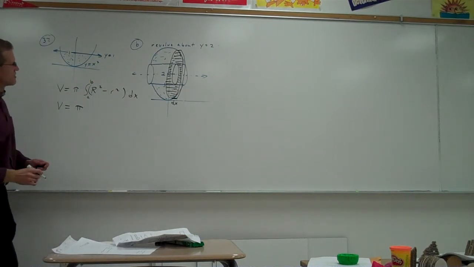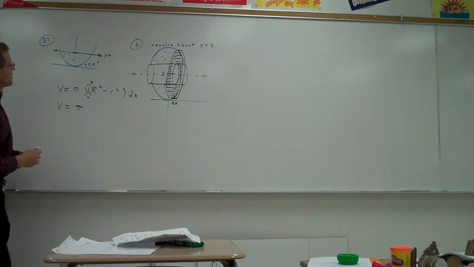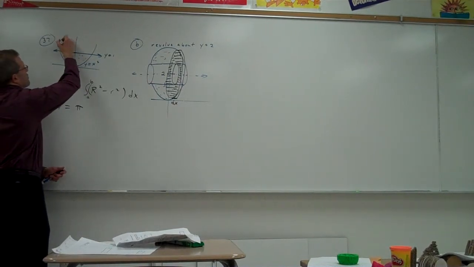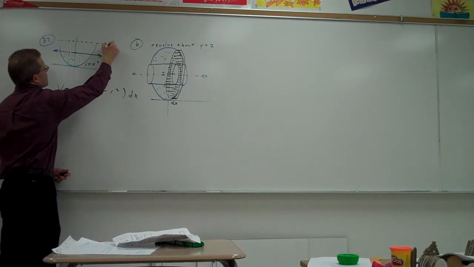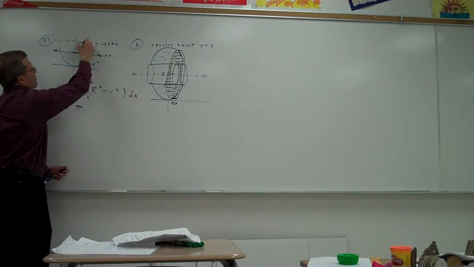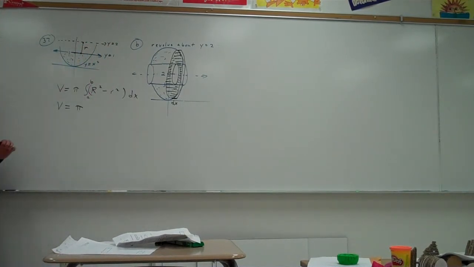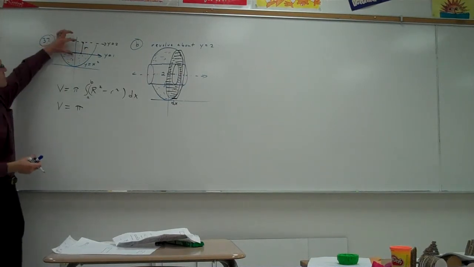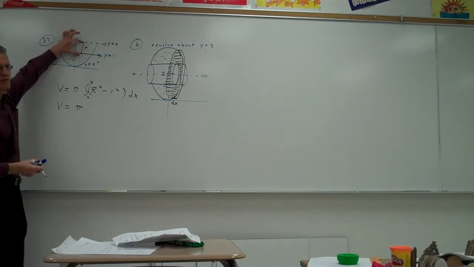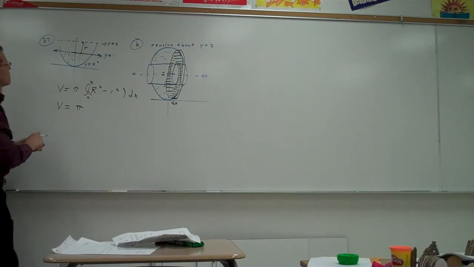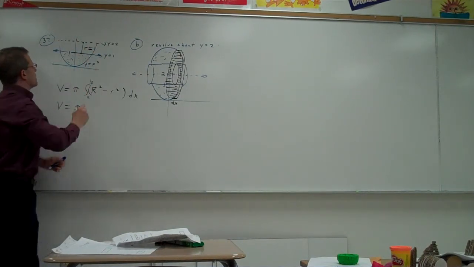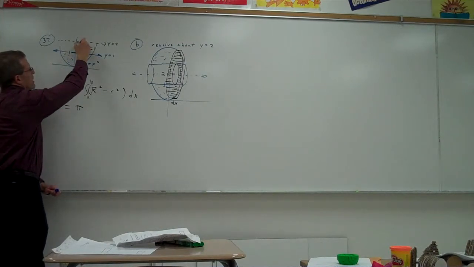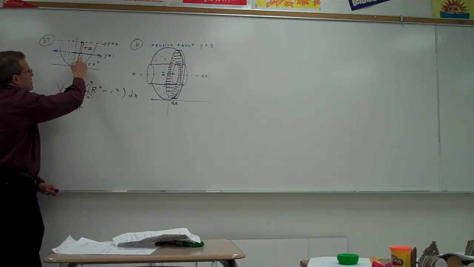Now the large radius is always going to run from your axis of rotation, which is y equal 2, to the closest curve, right there. So what is that distance from y equal 2 to y equal 1? 1. So the small radius will be 1. The big radius is going to run from the axis of rotation all the way to the furthest curve.